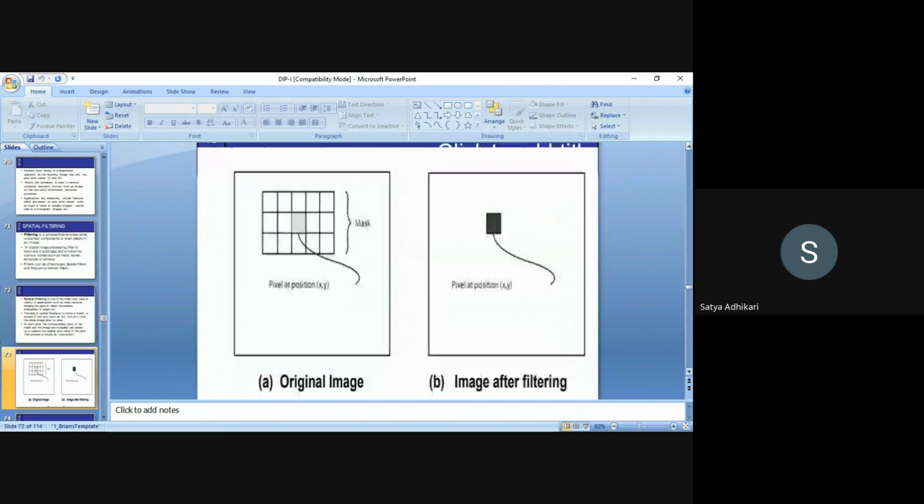You see here, we'll discuss the process. A pixel at position xy, suppose we have to change that value.